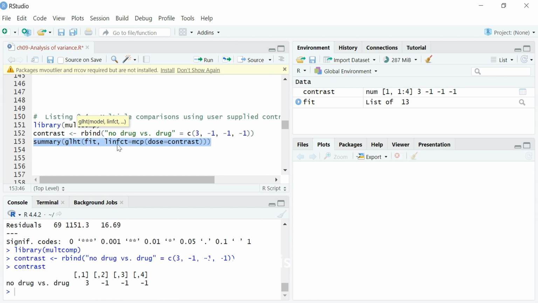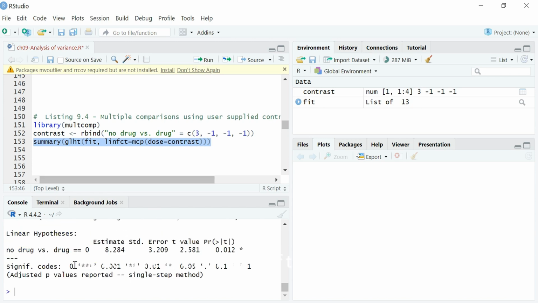With the option linfct equals mcp, dose equals contrast, we test this categorical variable for the group factors. Because dose is a categorical variable with 4 treatment groups, and this contrast includes these 4 scalars, they will be indexed for each treatment group one by one.